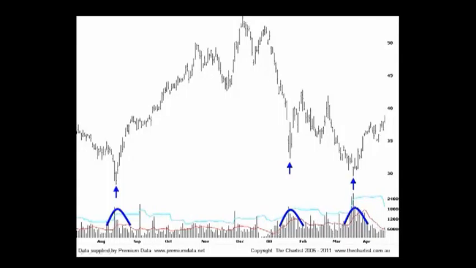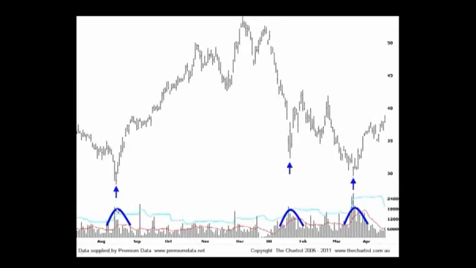The cyan line is a 2 standard deviation of the 20-day moving average of volume. Let me repeat that. The cyan line is the 2 standard deviation of 20-day average volume. What we're looking for in that particular situation is extreme volume. Alright, extreme volume.